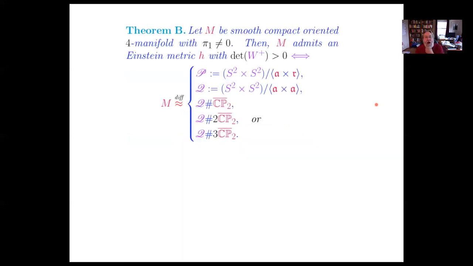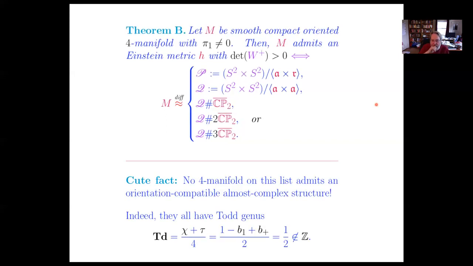All right, so that was the list of the non-simply connected candidates, all of which are realized. One cute fact, since a lot of people looking at these lectures are interested in almost complex structures: these are four manifolds that don't admit almost complex structures, even though they're double covered by complex manifolds. The Todd genus is an index of an elliptic operator.